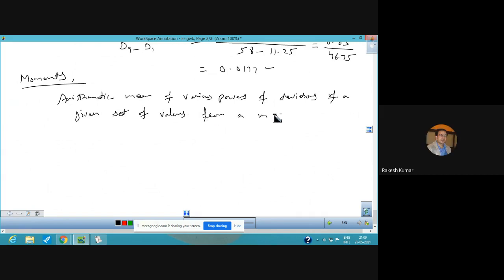These are called moments of various orders.